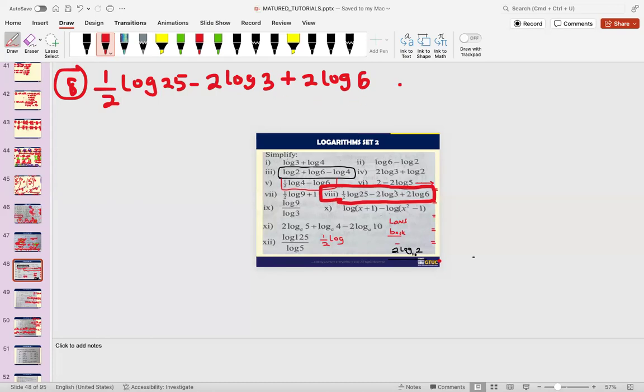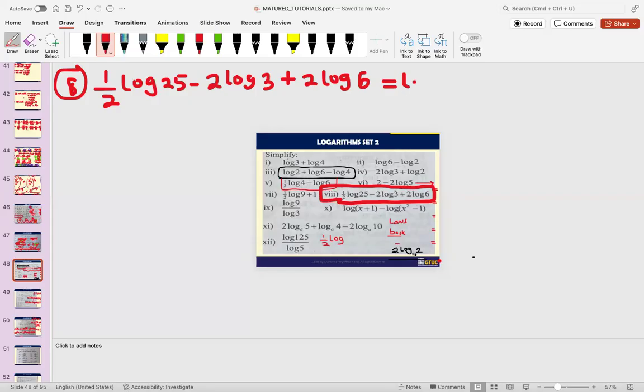So let's proceed. We have to move this half because per the law, there shouldn't be any number at the back of the log. This 2, we have to move it. Per the law, no number is supposed to be at the back. These 2 you are seeing, we have to move them. Again, per the law, no number is supposed to be at the back of the log. So let's proceed with that.